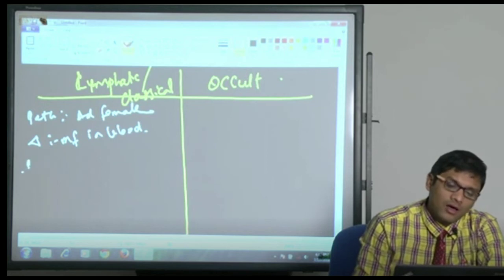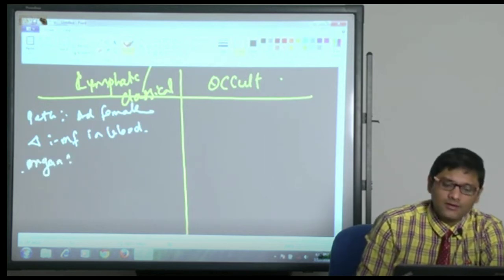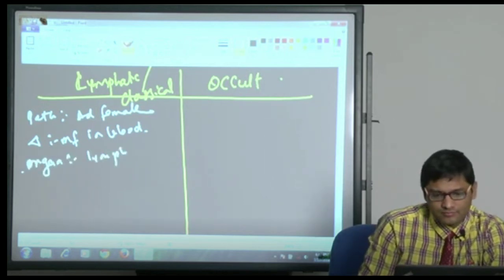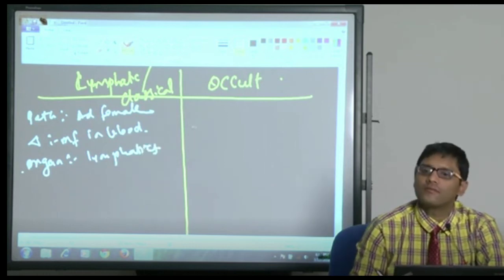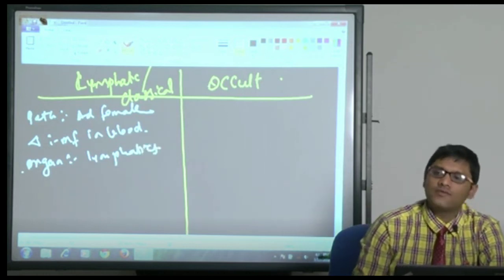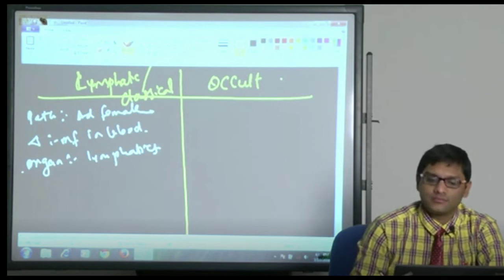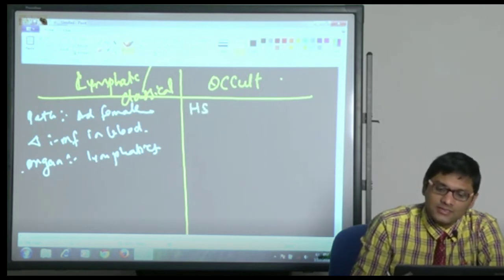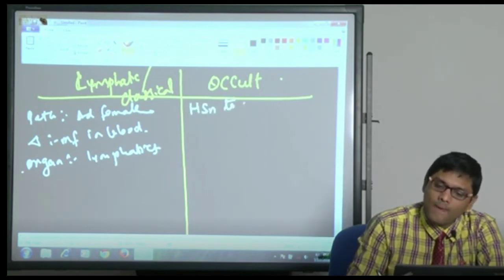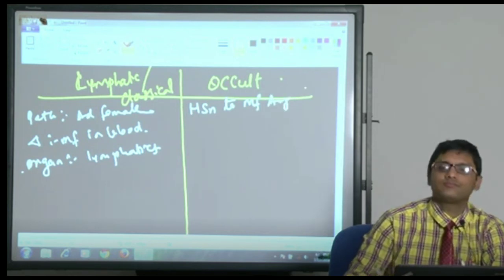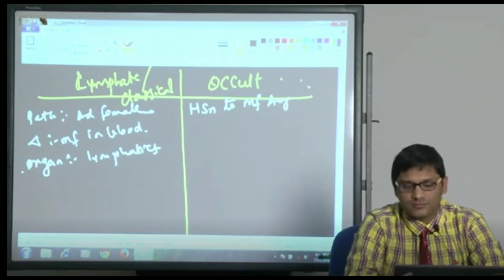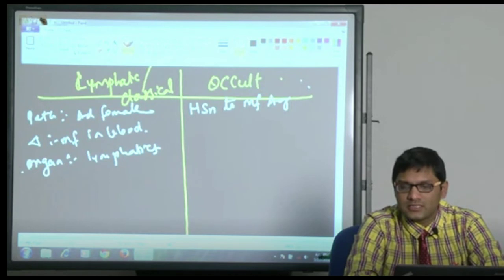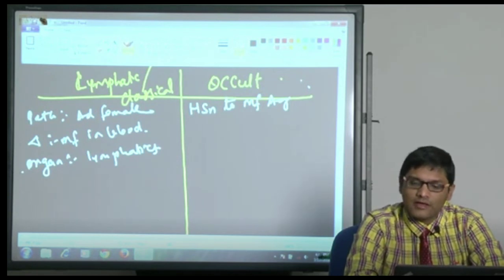Most of the pathology takes place in lymphatics. In contrast, occult filariasis is a hypersensitivity reaction to microfilarial antigen.